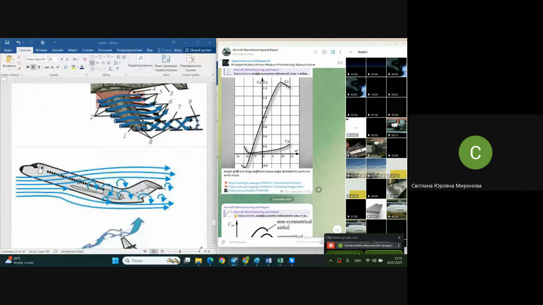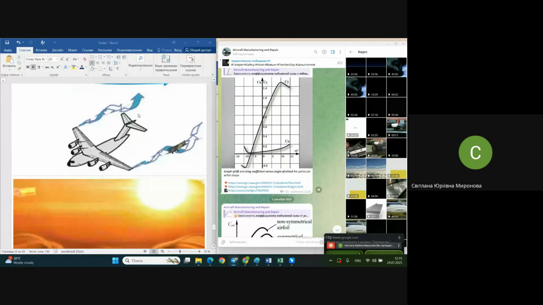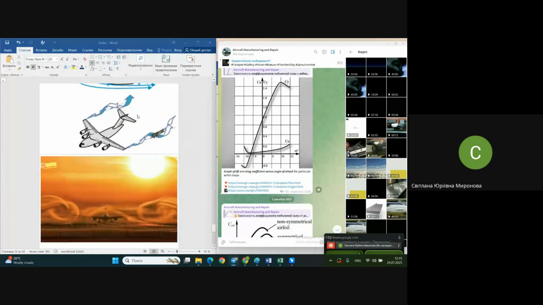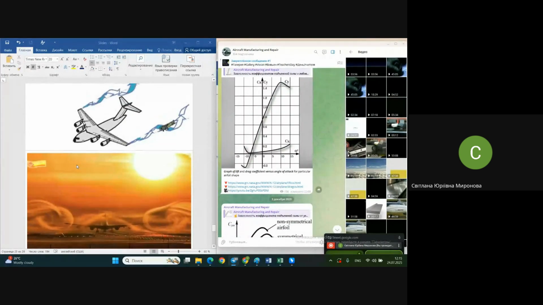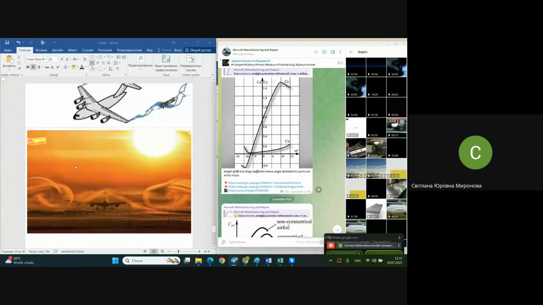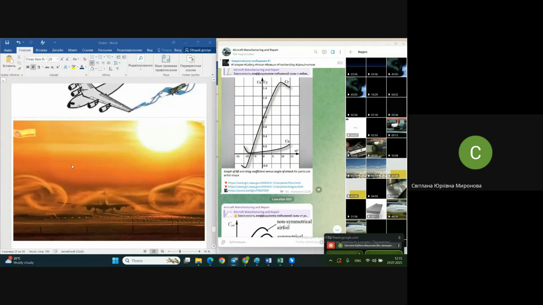And I want to demonstrate what it really looks like. Of course, some lucky cameraman has made it. It's not something studied in an aerodynamical laboratory, you understand.